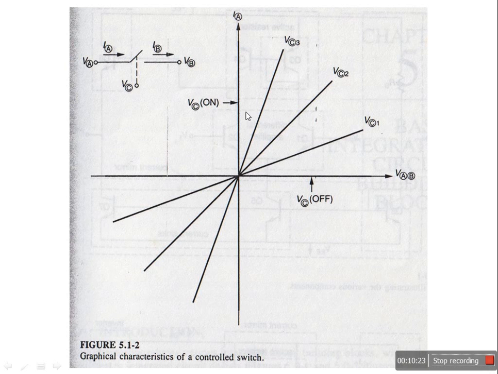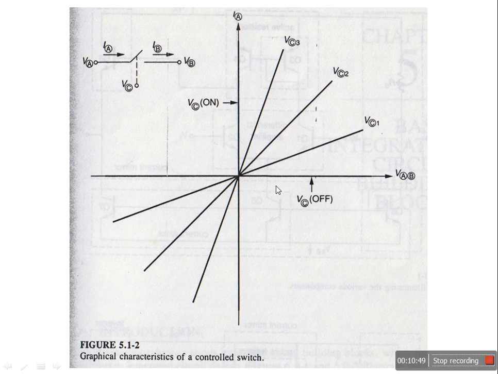At VC on, current will be there and no voltage across the switch. At VC off, current is 0 and definitely there will be voltage across the switch. So these are the in between values of VC, and VC on is greater than VC3, greater than VC2, greater than VC1, greater than VC off. Okay, so these are the ideal characteristics.